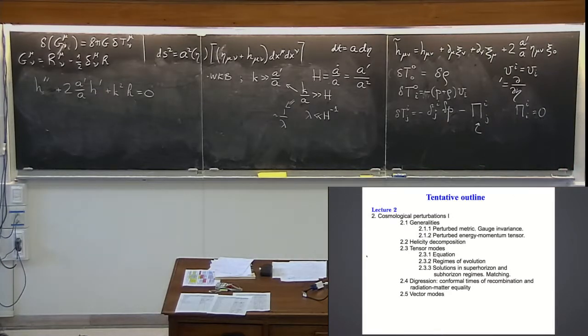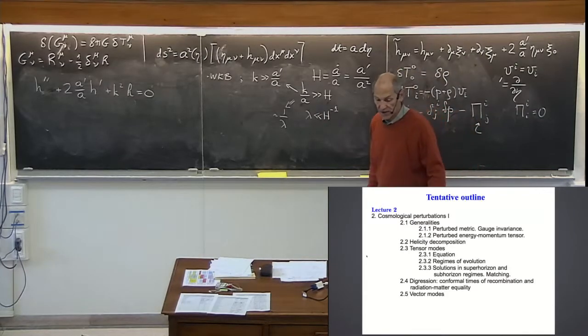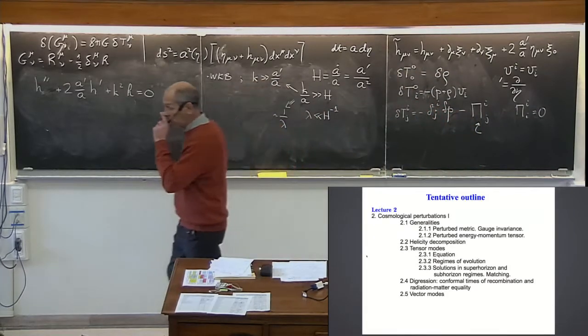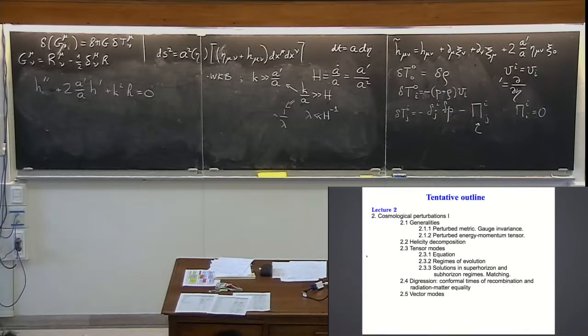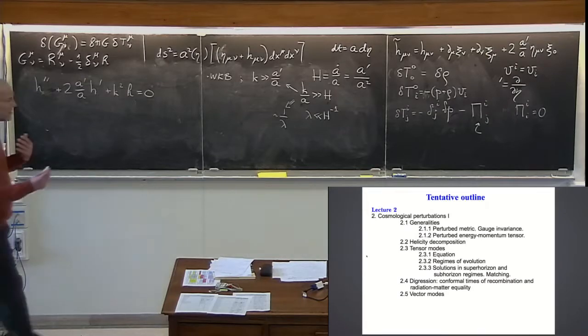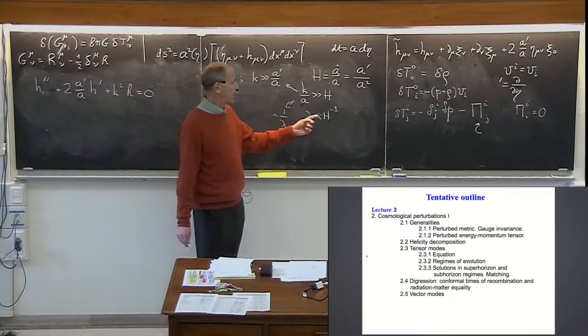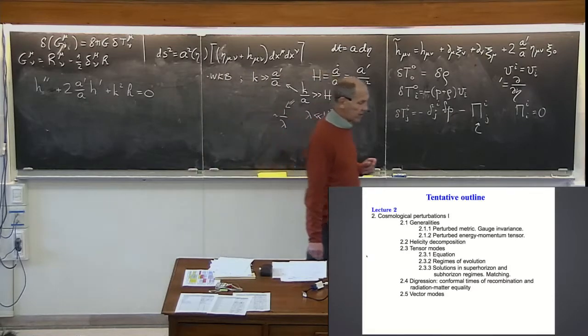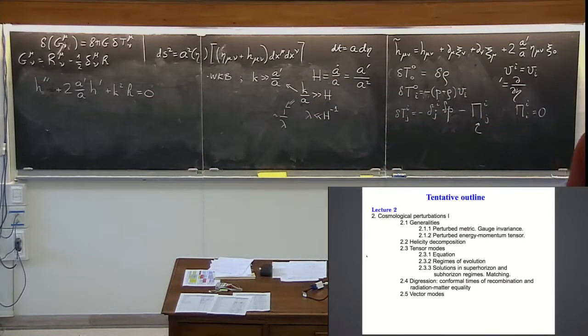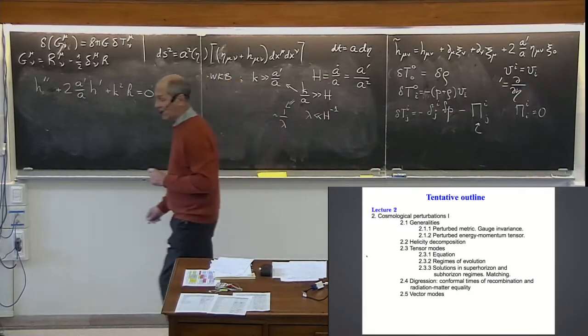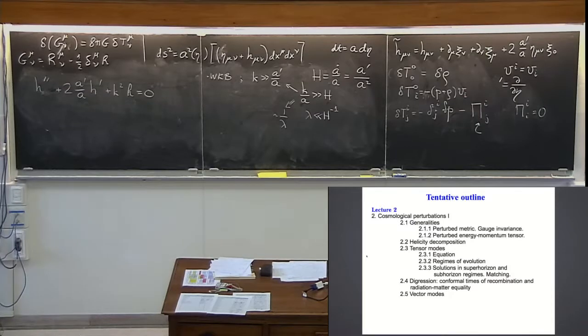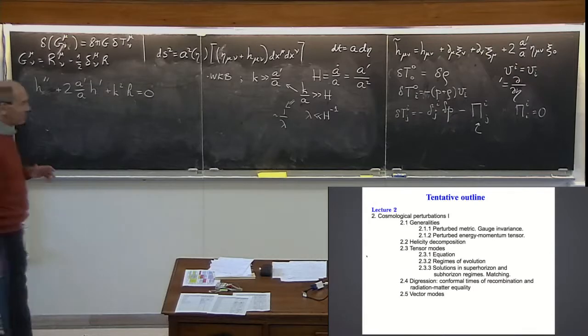That's another way to say that my waves live in a slowly expanding universe. Their wavelength, or inverse frequency, the characteristic time of oscillation and length, is much smaller than the Hubble scale. Photons in this room have wavelengths much shorter than the Hubble scale, and therefore we don't really see that they feel the expansion of the universe.